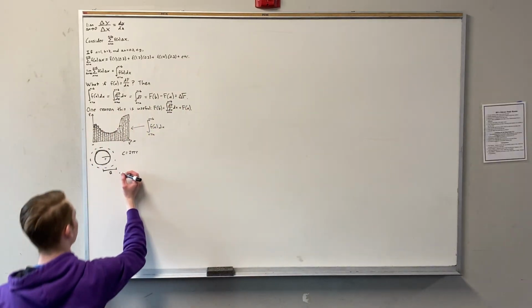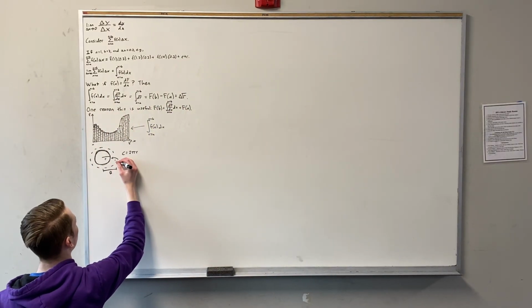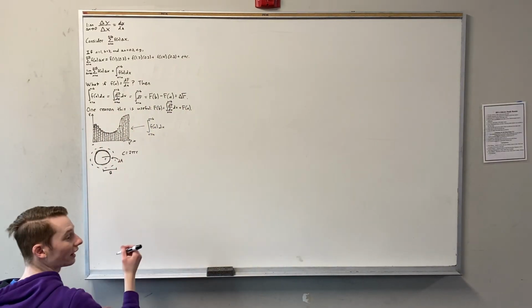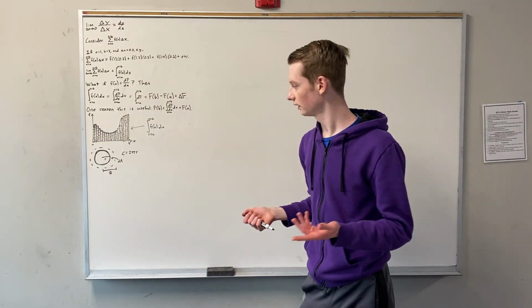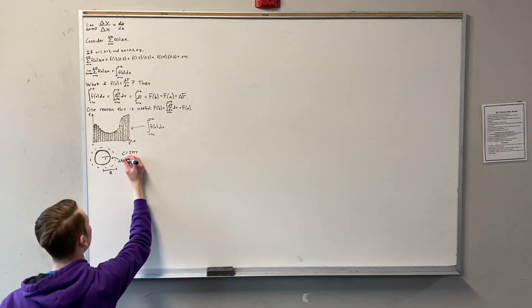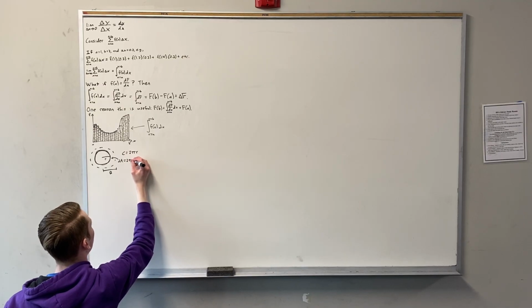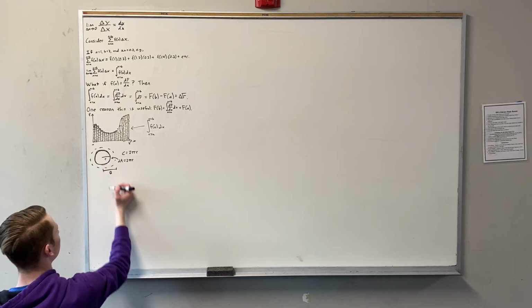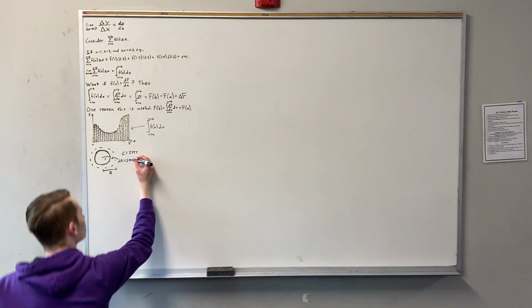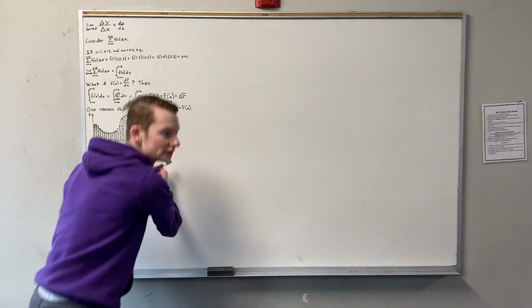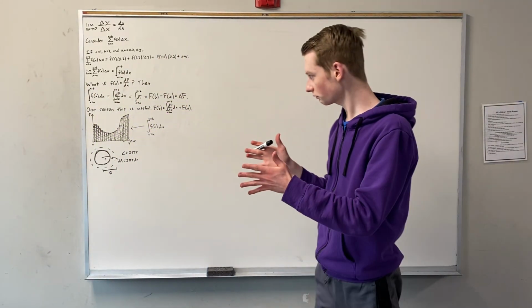So then the area of that tiny bit of area, I'm just going to denote that by dA, would be 2 pi r, whatever this little r is, however far out we are at this particular moment. And then that would be multiplied by your tiny change in r, which is basically the thickness of that circle.